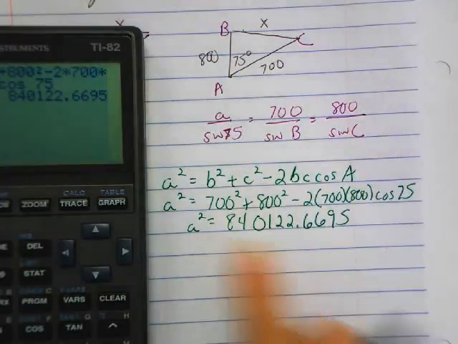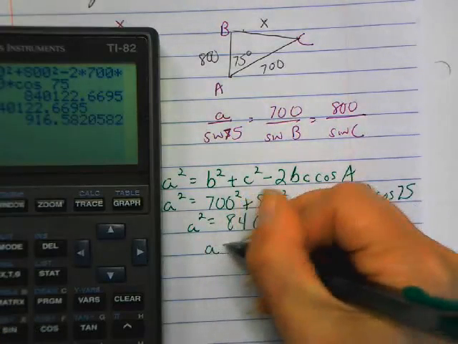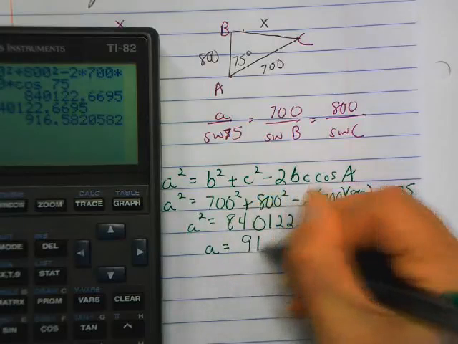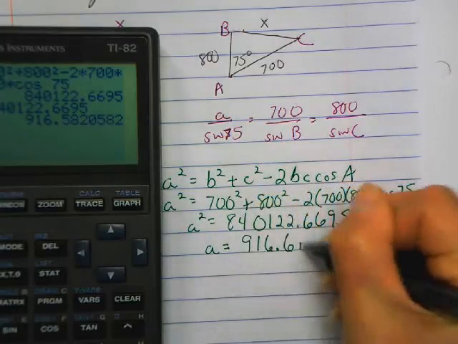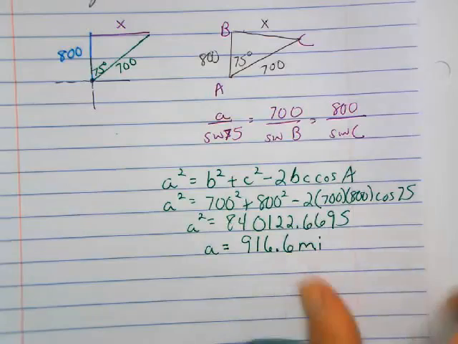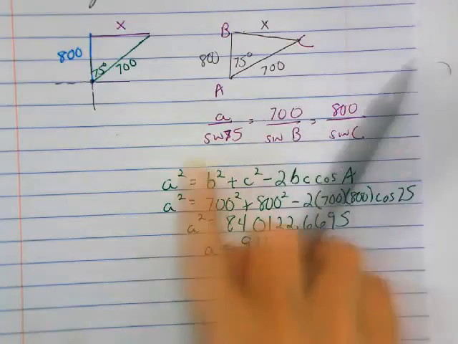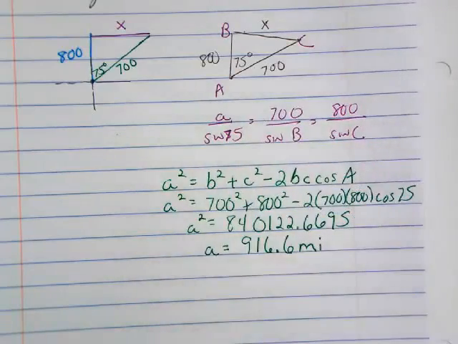You now need to take a square root. And I get that the distance the planes are is 816.6 miles. So, you know what? Feel free again to always try to set up law of sines, and then you'll know beyond a shadow of a doubt.